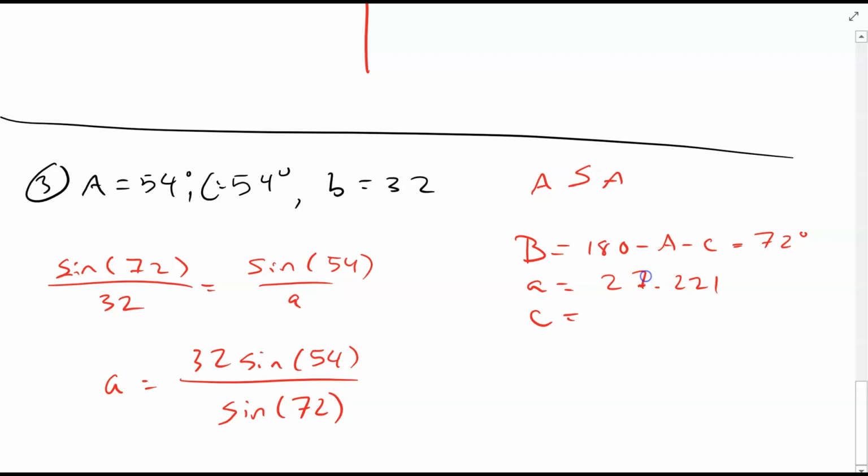Now, you could repeat the same process for C, but I'm going to use a geometry theorem to skip having to do that. What kind of triangle am I looking at here? Because the angle measures are the same, this is an isosceles triangle. So I know that the two side lengths are the same.